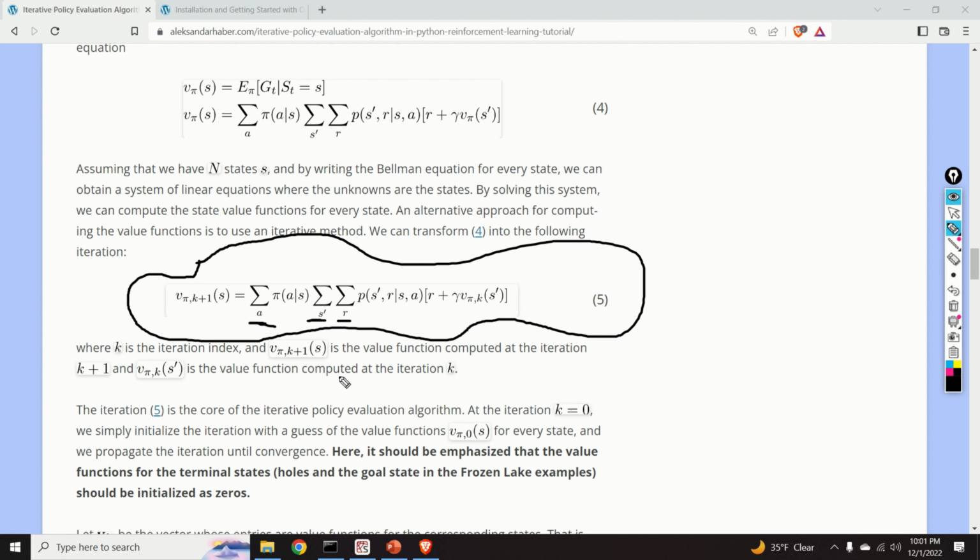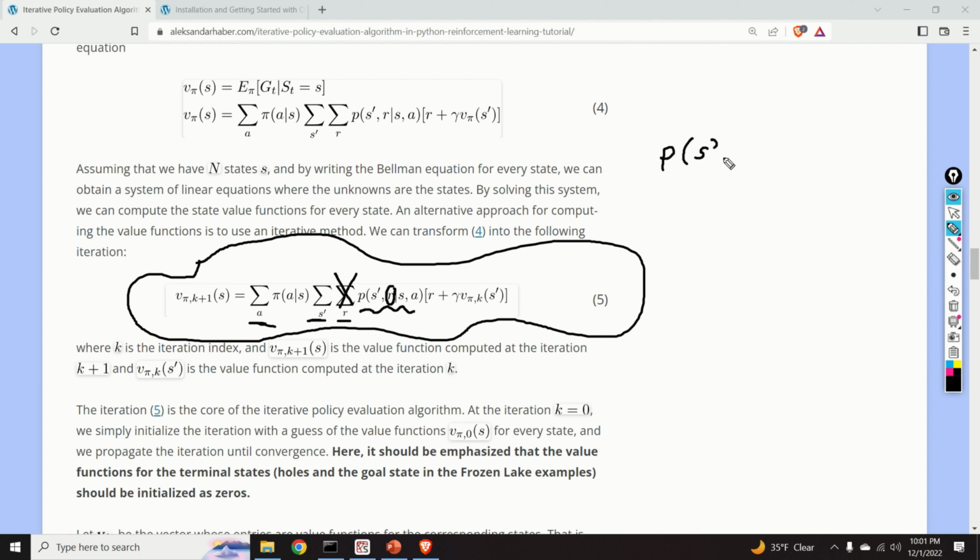However, in the particular example that we are considering, the Frozen Lake example, the sum over R does not exist, since the dynamics, this probability over here, does not include R, since we assume that the rewards are deterministic.